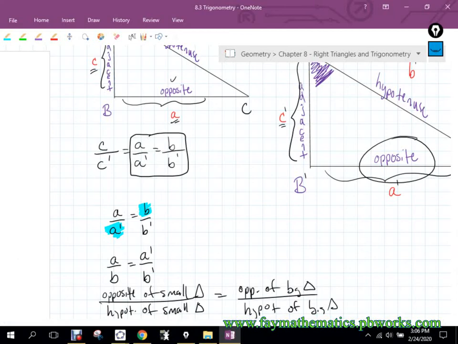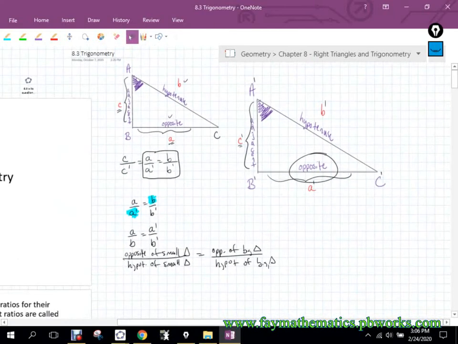Does that make sense? So it's saying if you take the opposite side divided by the hypotenuse of this triangle right here, it is the exact same quotient that you get if you take the opposite side of the big triangle divided by the hypotenuse of the big triangle.